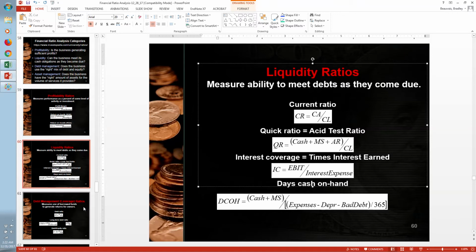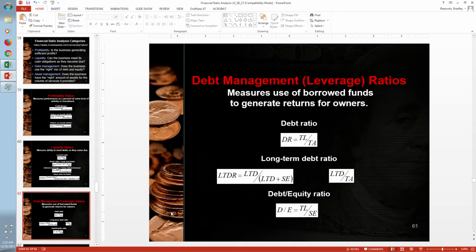So those are good liquidity ratios. The next one is debt management, or oftentimes you'll hear them referred to as leverage ratios. They measure the amount of borrowed funds used to generate returns. A big one that we often hear is the debt ratio, which is our total liabilities over our total assets.